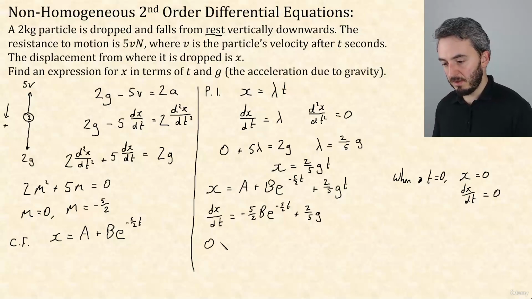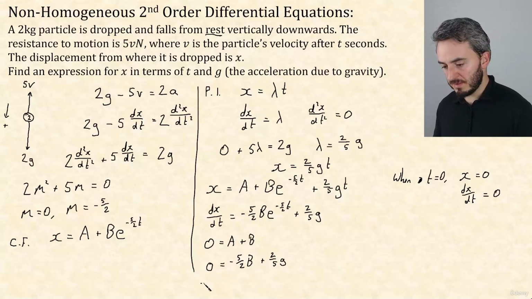So we get 0 for x is A plus B times e to the 0, which is B, plus some lot of 0. So A plus B equals 0. Now, subbing into this one here, we get 0 for dx by dt is minus 5/2 B times e to the 0, which is 1, plus 2/5 g.